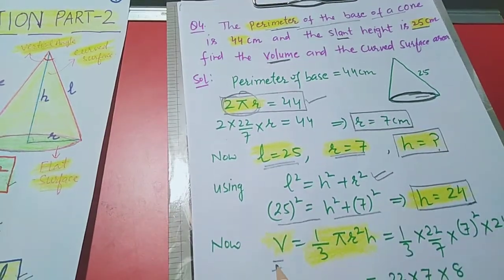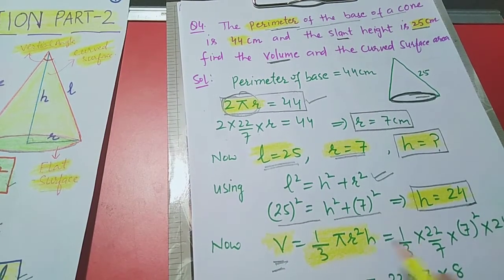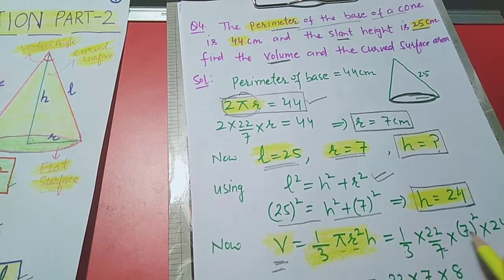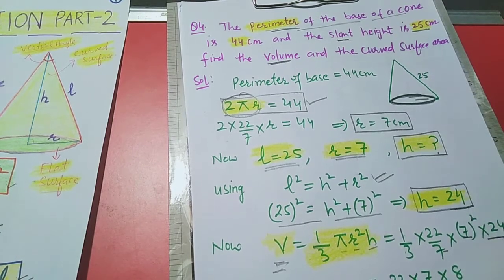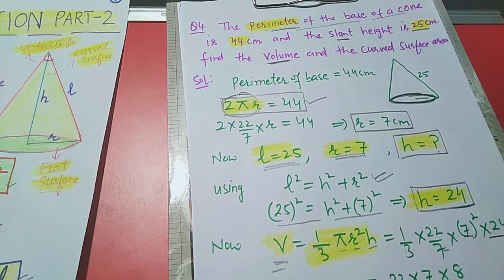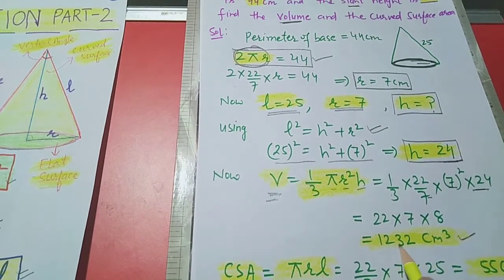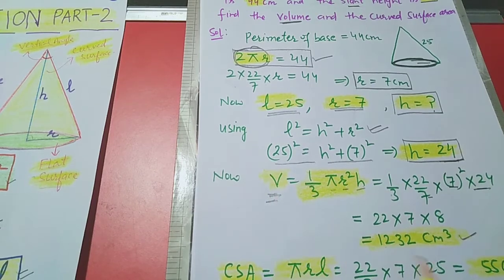The volume of the cone is 1 by 3 pi r square h, that is 1 by 3 into the value of pi, r is 7 square, and h we have just calculated 24. After calculation, we will get 1232 centimeter cube. So this is the volume of the cone.